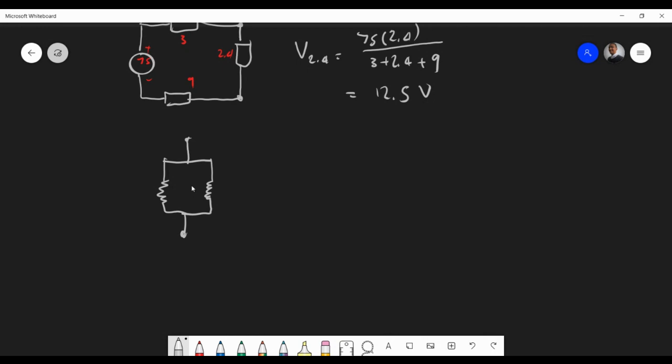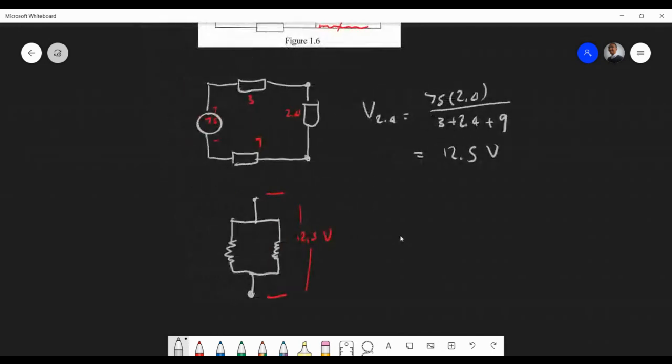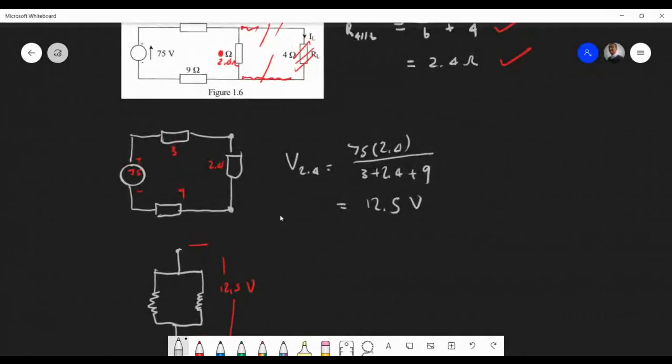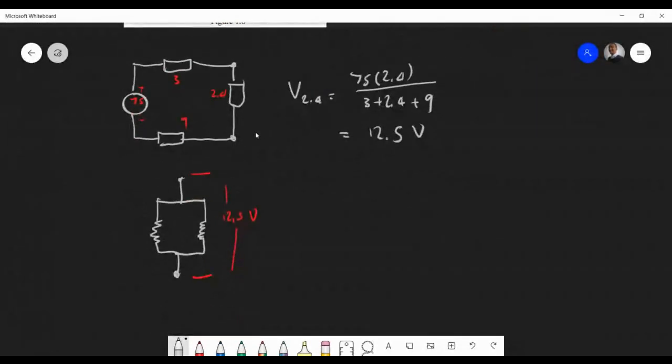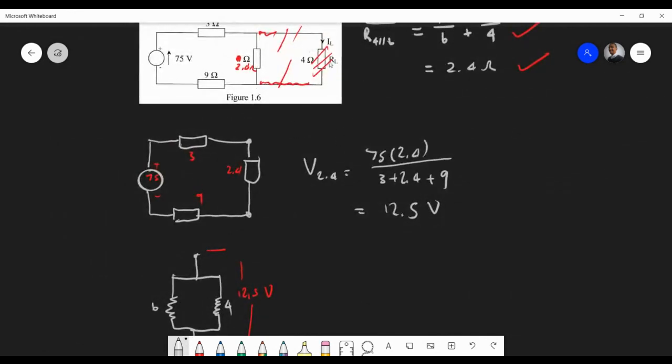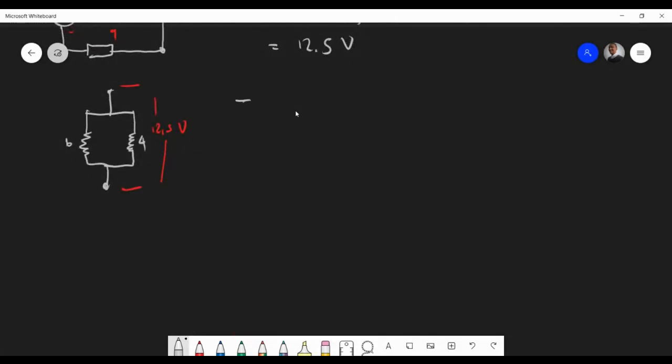So we know across the two resistances we have a potential difference of 12.5 volts. And here I'm basically reverting this back into its two branches, a 6 and a 4. So if I want the current going through the 4 ohm, I'm going to say I 4 ohm will be equal to the voltage.